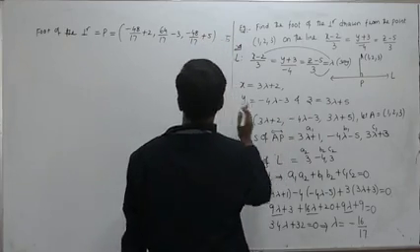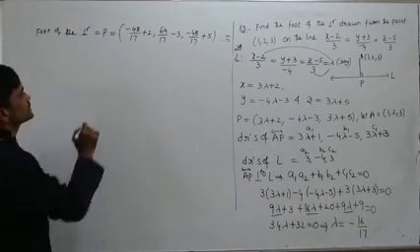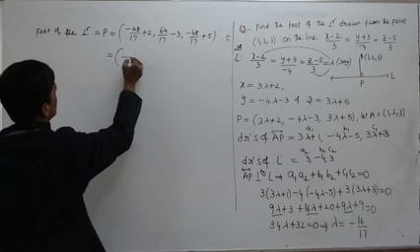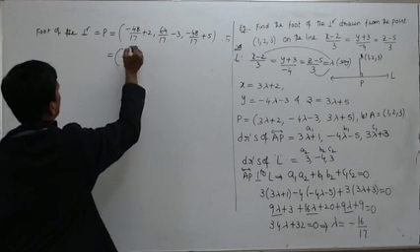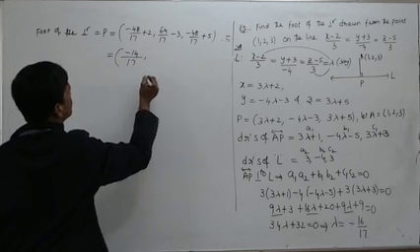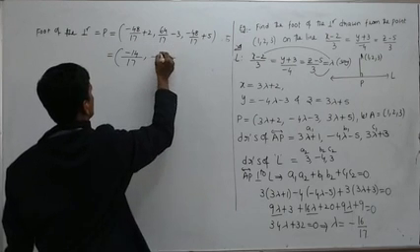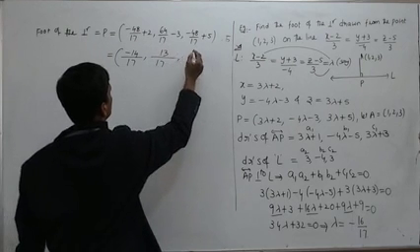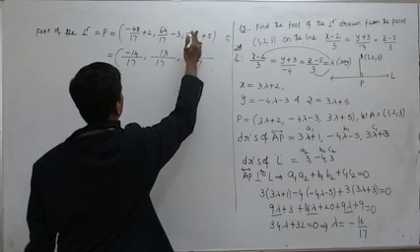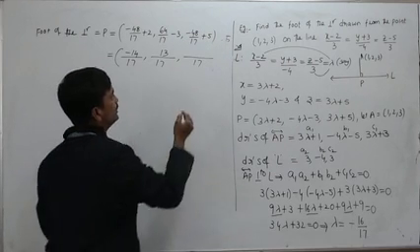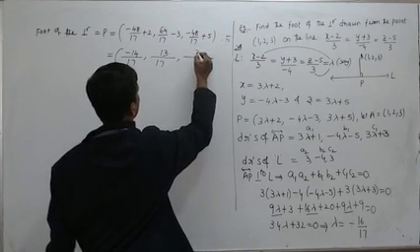Simplify this: taking 17 as LCM, 34 minus 48 is minus 14; 64 minus 51 is 13; 85 minus 48 is 37.